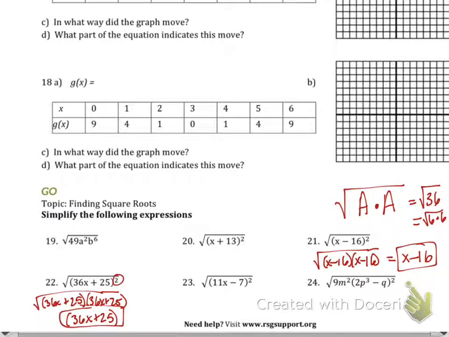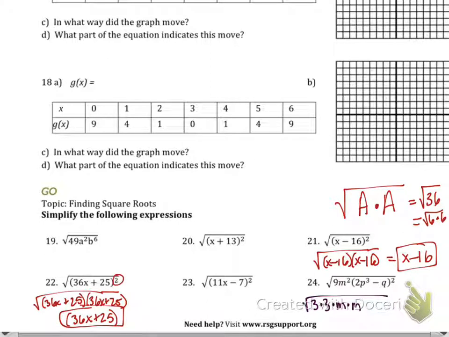For number 24, a little bit more challenging. We're going to take what we've done and put it all together. So now 9 can be broken down into 3 times 3. M can be broken up into m times m.